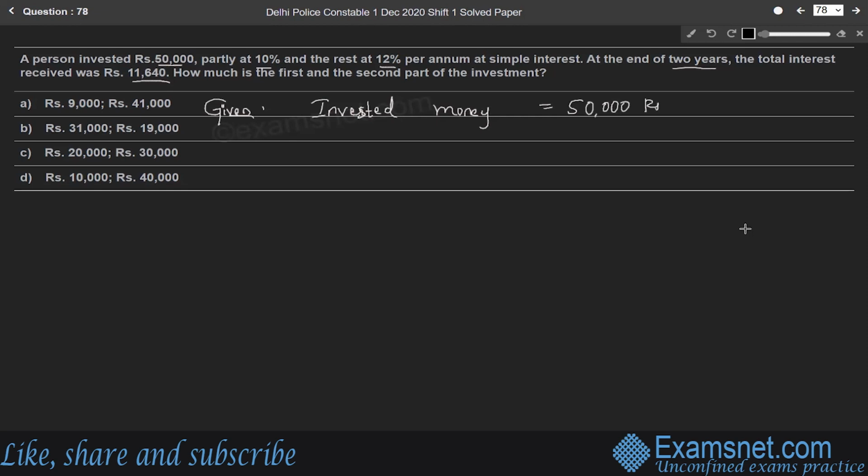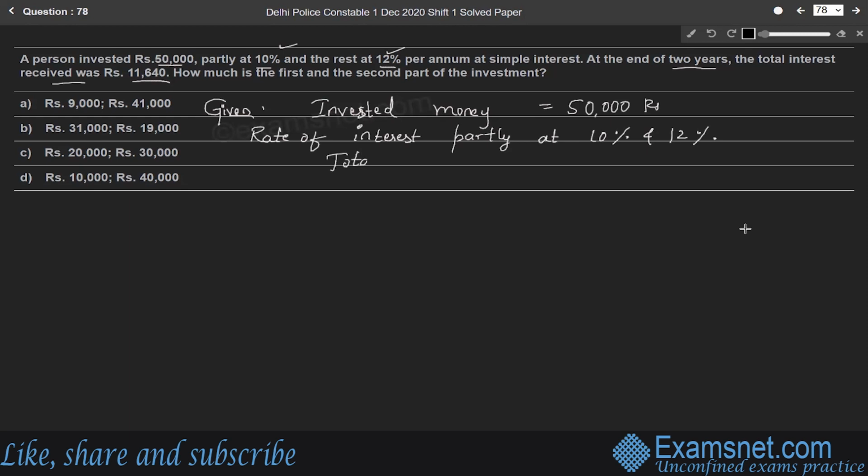Right. So the rate of interest is partly at 10% and 12% here. The total interest received was 11,640 rupees.